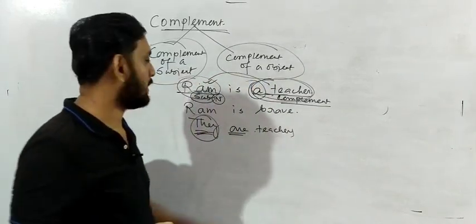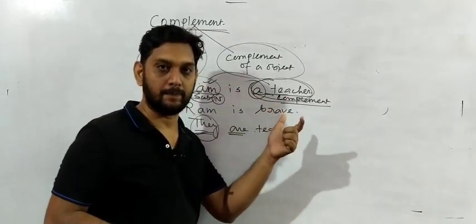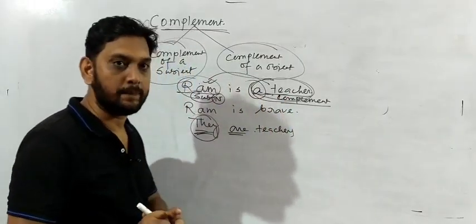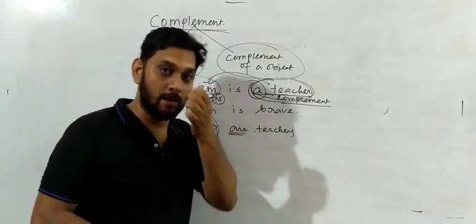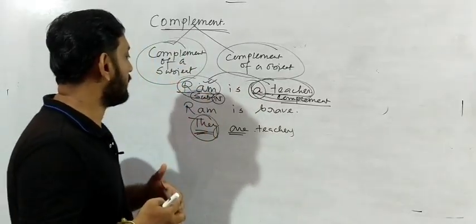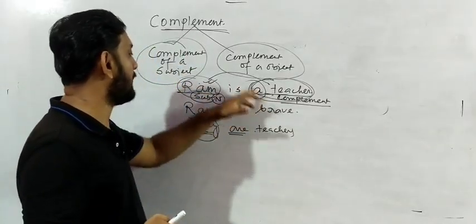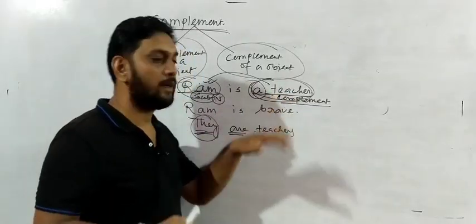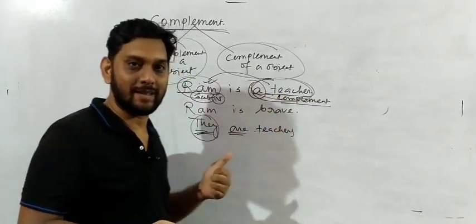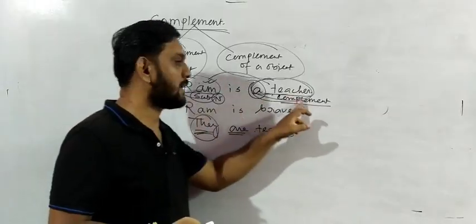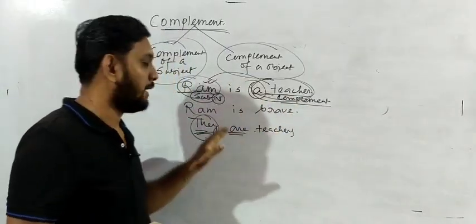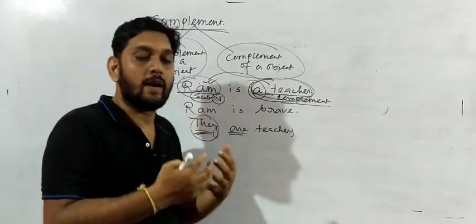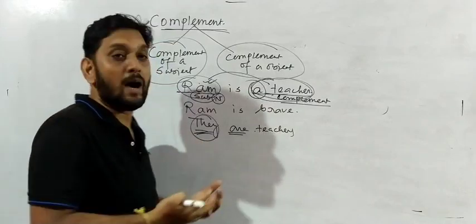Ram is a teacher. Who is Ram? If I ask you, who is Ram? Ram is a teacher. So whenever you get this, it is known as the complement of a subject, not the object. "A teacher" should not be the object of a sentence. It is not the object. It is known as the complement of a subject. Here we get to understand who is Ram.